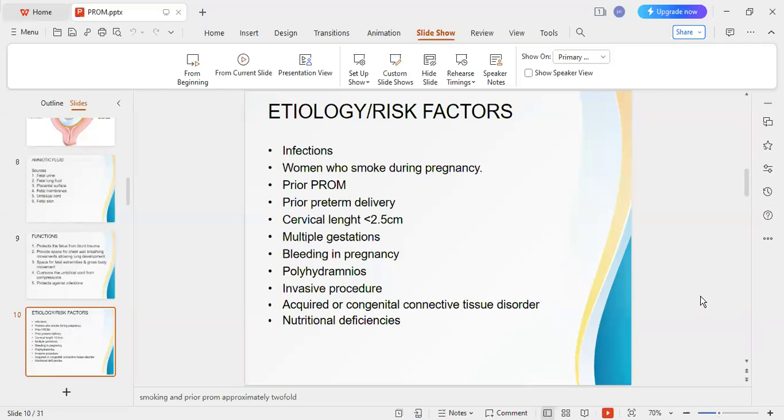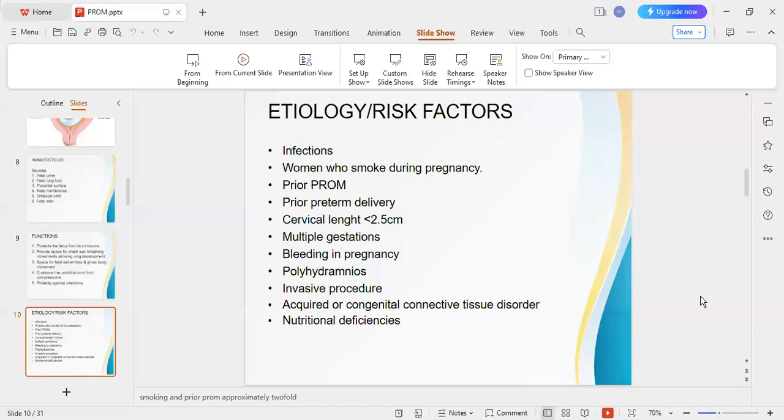We have women who smoke, and studies have shown that it increases their risk of PROM about 2 to 3 fold. Prior PROM, prior preterm delivery, cervical length less than 2.5, that's women with cervical incompetence, multiple gestation, and bleeding in pregnancy. Your chances of having PROM increase with the number of bleeding episodes you have during your pregnancy.